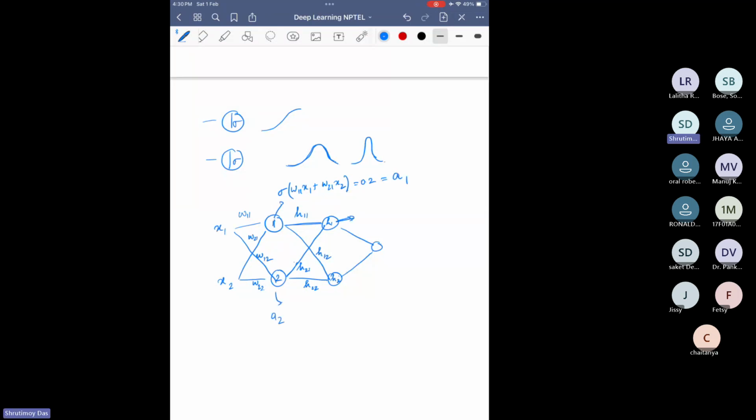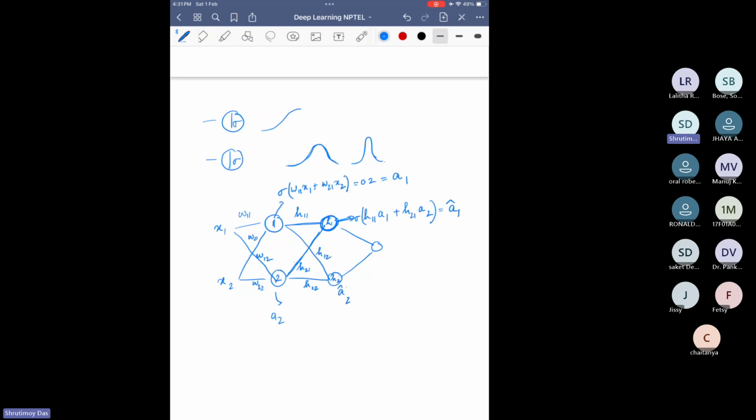So at this node, what I get is H11 times A1 plus H21 times A2, and a sigmoid of this. Let us say this is A1 hat. Here I will have some A2 hat, and then I will have some other weights here.